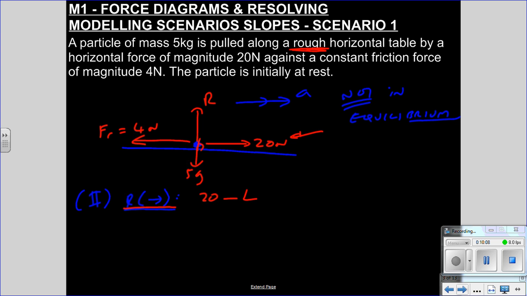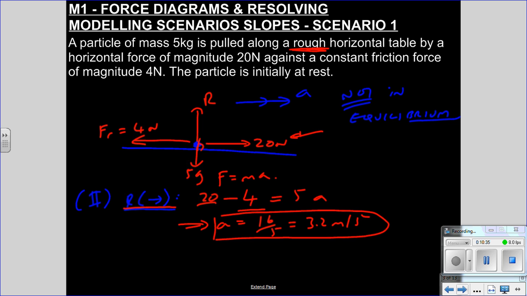Everything which is moving left is negative. And remember, this is F equals ma, where F is the net resultant force. So 20 to the right, 4 to the left equals our mass, which is 5, times our acceleration, we don't know. So A is 20 minus 4, that's 16, all over 5, which is 3.2 meters per second squared. There we go, that's done.